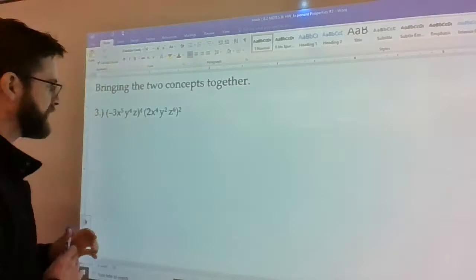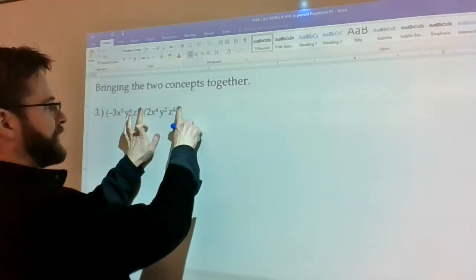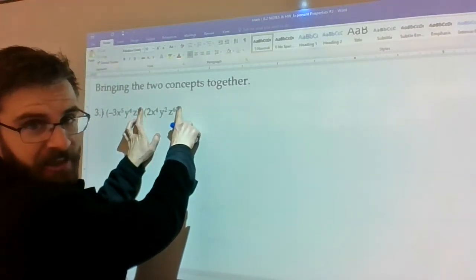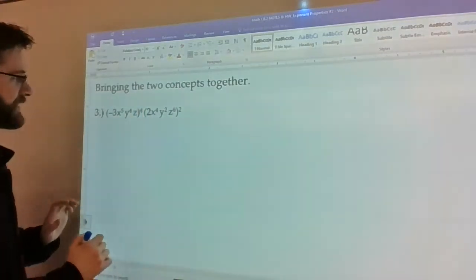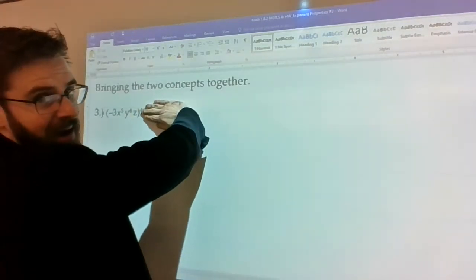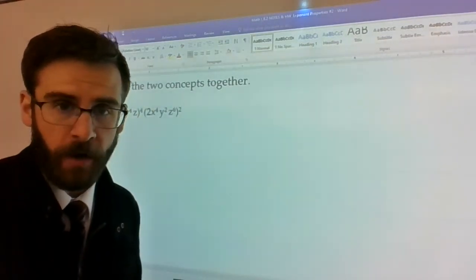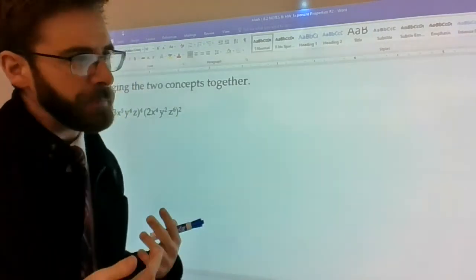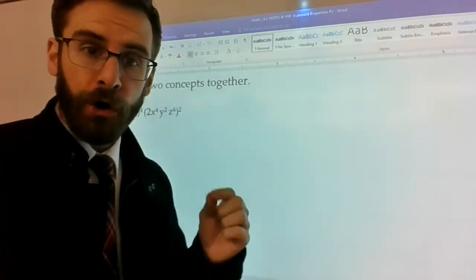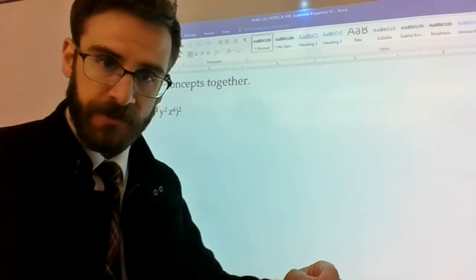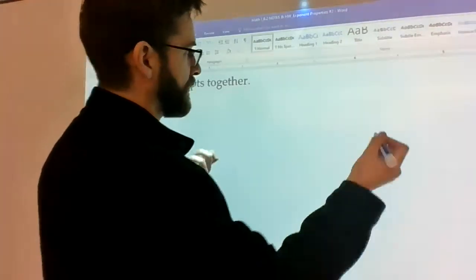Before it was either I asked you to compute this without the exponents, or I said compute just one of these at a time. Now you're asked to do both at once. So the procedure actually isn't that tricky. All you have to do is follow the order of operations. What comes first in the order of operations?